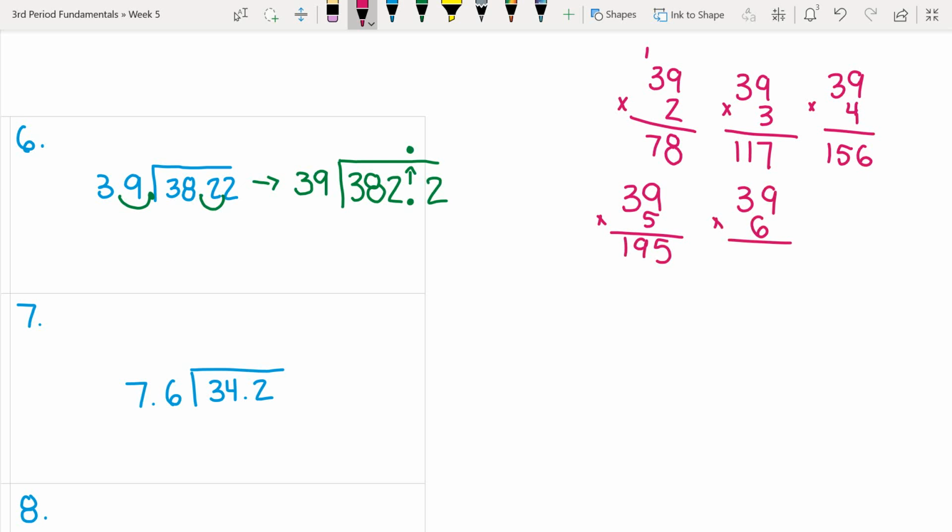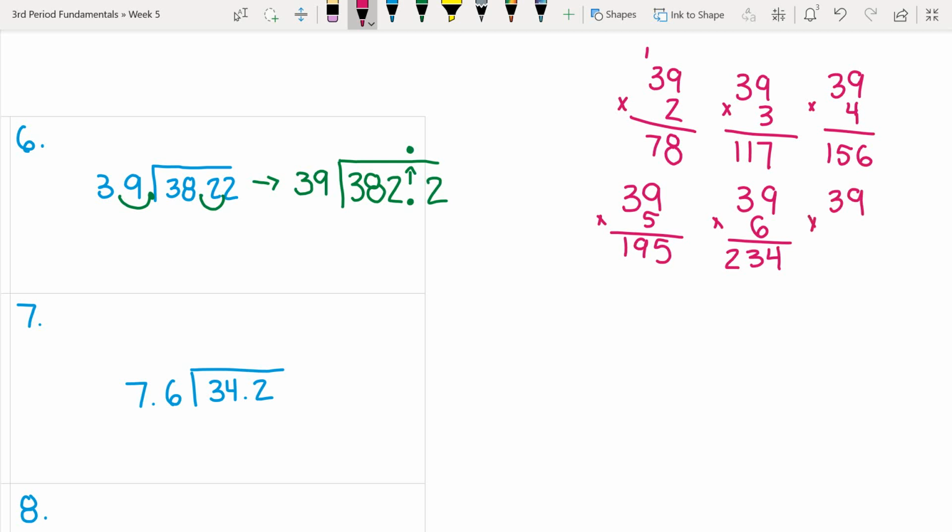This is why Miss Horner's going to be really nice and let you guys use a calculator for the last few problems in just a second. Hey, I'm getting closer though, don't you see? I'm at 234 and I'm trying to get to 382, so I'm getting there.